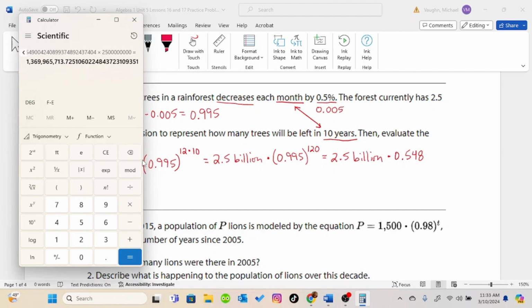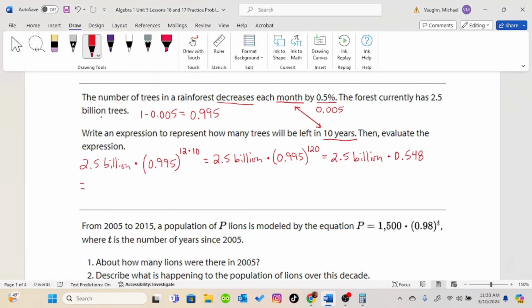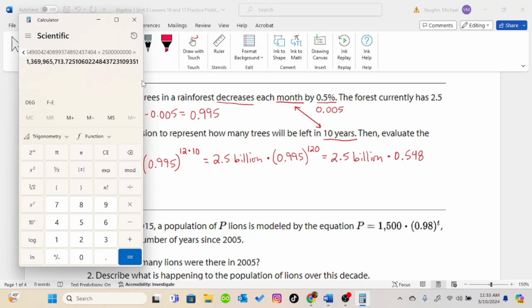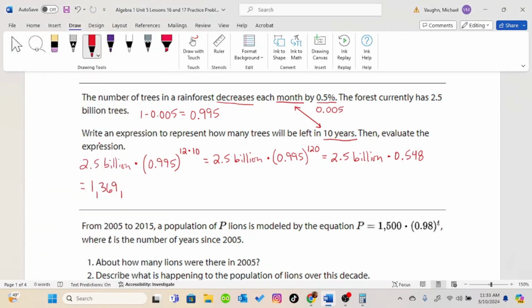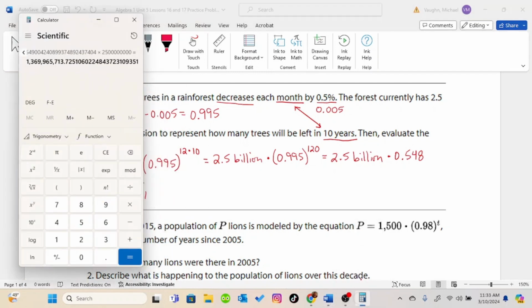And this comes out to approximately 1,369,965,000, and we'll round it to the nearest whole number because we're not going to count partial trees.